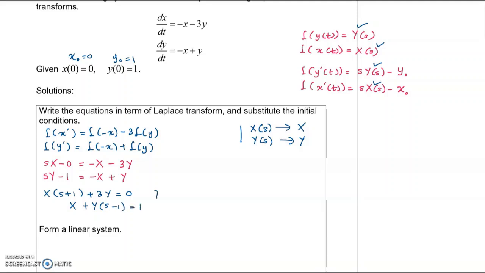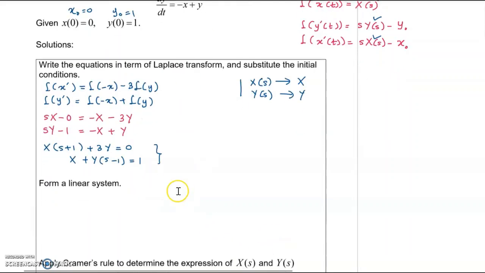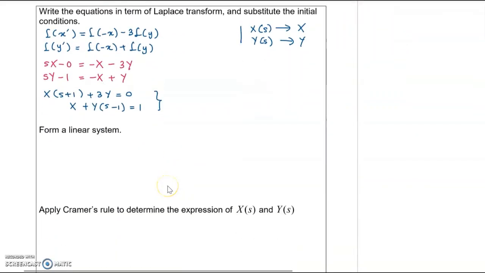So now we have a system of linear equations. In matrix form, it is s plus 1 and 3 in the first row, 1 and s minus 1 in the second row, the variables are x and y, and at the right hand side it is 0 and 1.